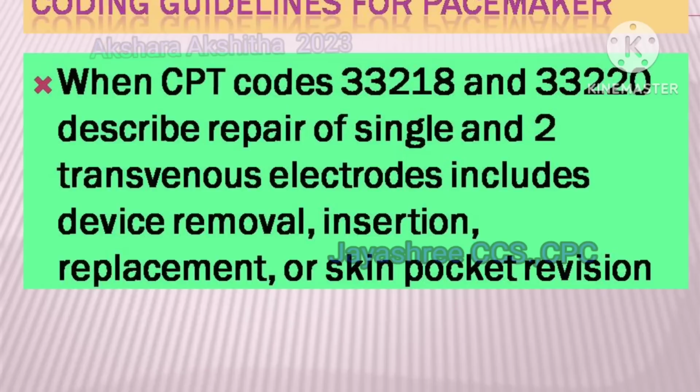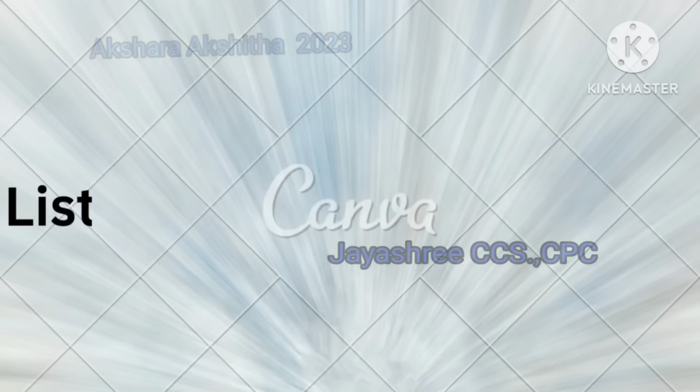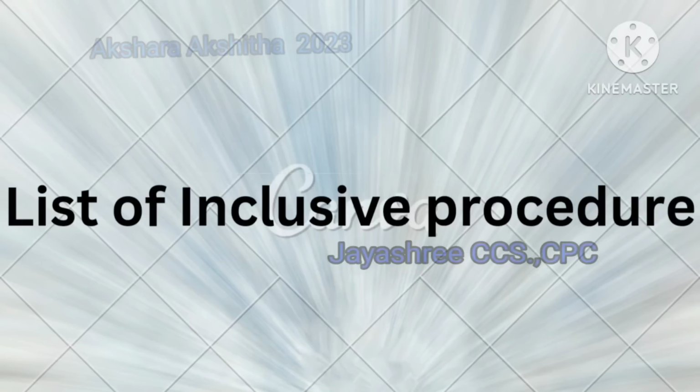These services are included in the repair of electrodes. So we should not code removal and replacement, or skin pocket revision. But for a replacement procedure, if the doctor completely removes the old device and replaces it with a new device, then we can code that new device replacement code separately.